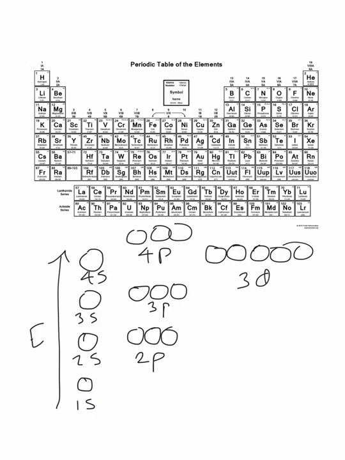So the first row is n equals 1, 2, 3, 4, 5, 6, 7. Currently, our ground state electron configurations can go up to level 7 because at this point in time, we have 7 levels or rows to the periodic table.